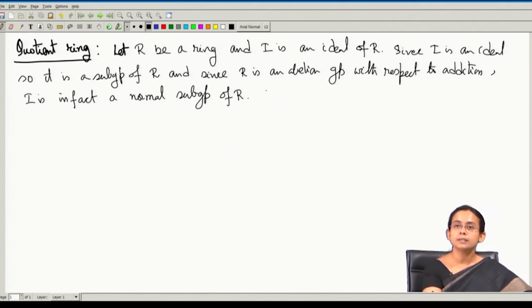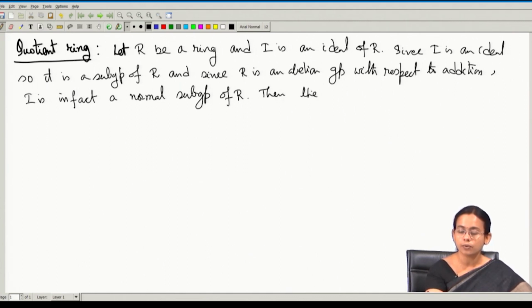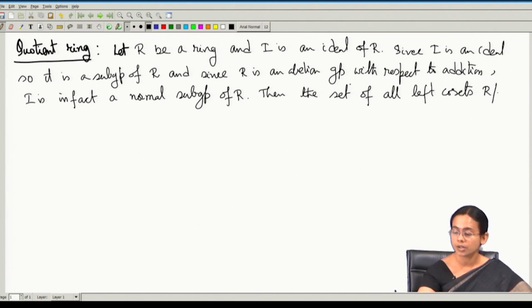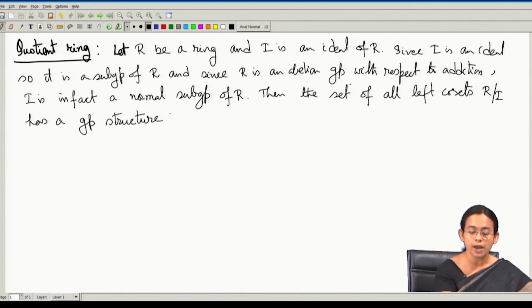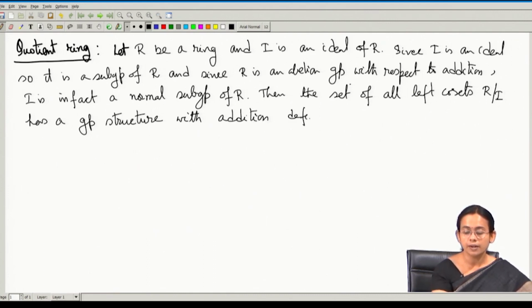So, if I consider all the left cosets, the set of all left cosets, which I denote by R quotient I, has a group structure. What is this group structure? It is a group structure with respect to addition. How is this addition defined?